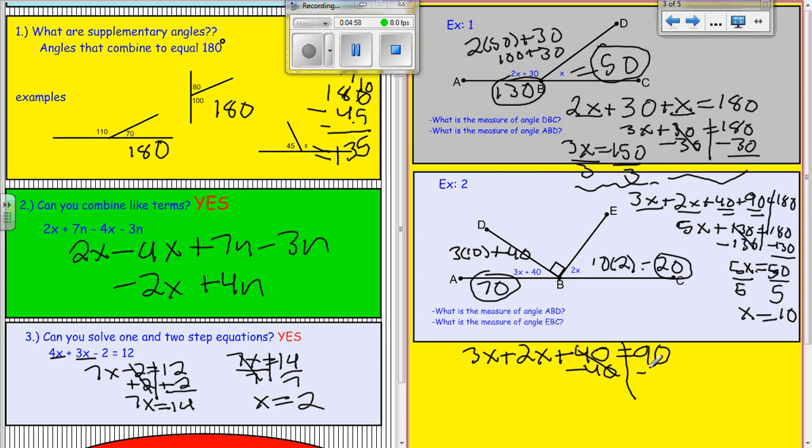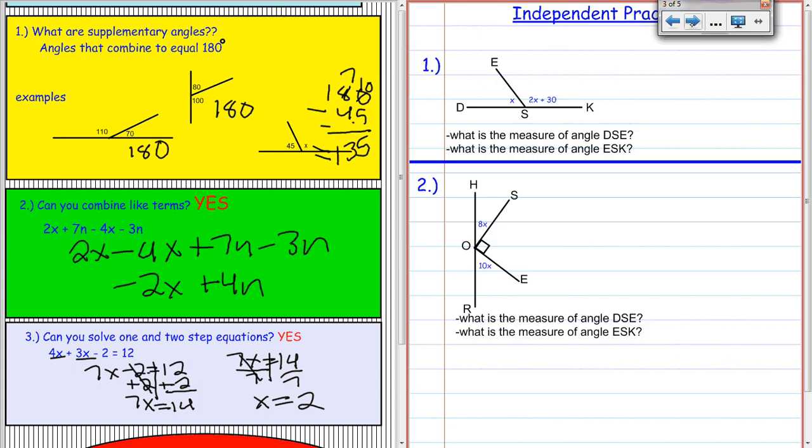Minus 40, that's going to give me 50. Same thing we got over here. 3x plus 2x is 5x, divided by 5, and x equals 10. Same thing we got up there. So plug it in. 10 times 2 is 20. 10 times 3 is 30, plus 40 is 70.